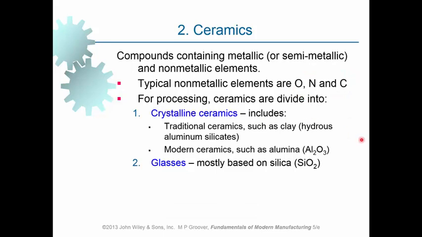Anyway, generally we can divide them into two broad categories, and those are crystalline ceramics and glasses. In the case of crystalline ceramics, atoms of the material are positioned in the crystalline structure in an orderly manner.